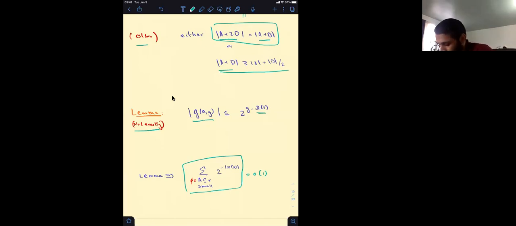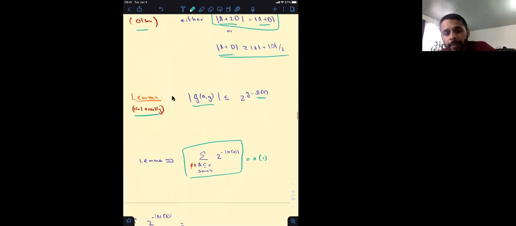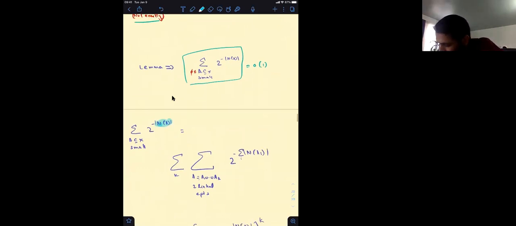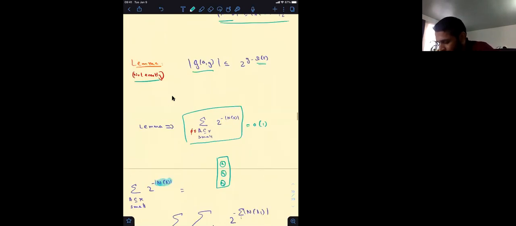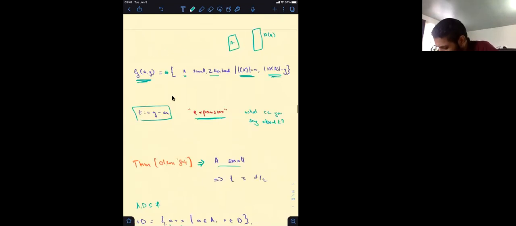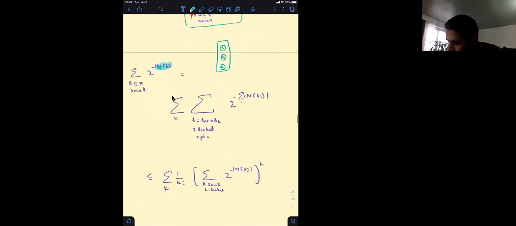So I'll just quickly go over the proof of this to show how this helps. Recall, you want to sum over all small sets A of 2 to the minus N of A, right? When we had a set A, you can break it up into its 2-linked components. So you sum over all K, the union of K disjoint 2-linked components.